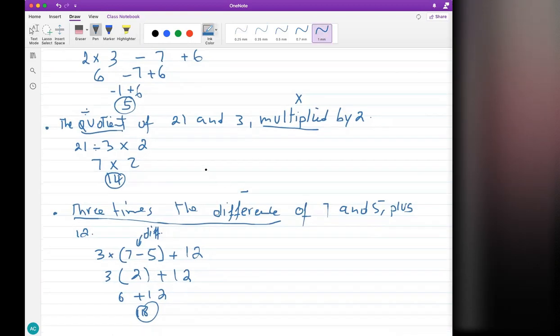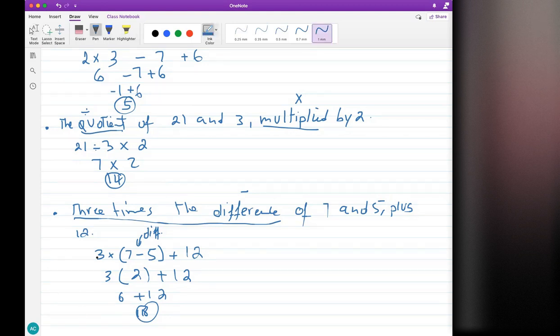And that's pretty much the order of operations. It applies to all sorts of numbers, whether they're whole numbers or fractions or decimals. PEMDAS is the same order that applies to them. And for translations, be careful with the keywords and also the order in which these keywords are written. Make sure you translate.